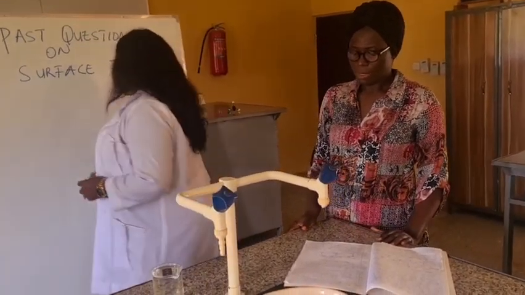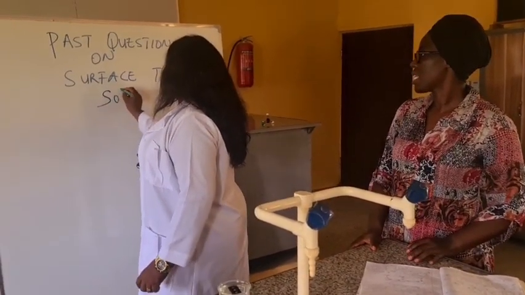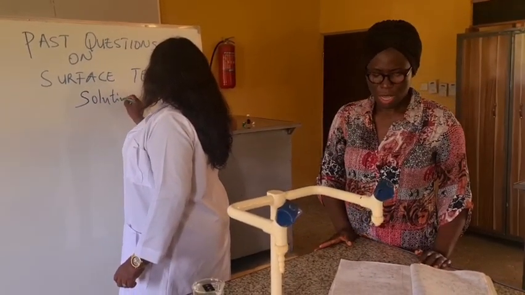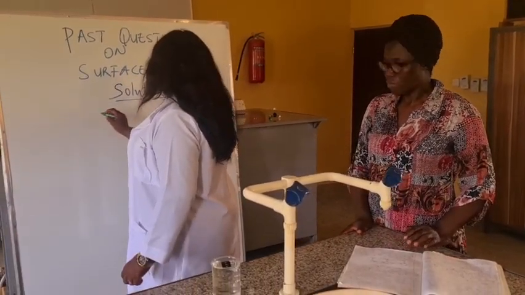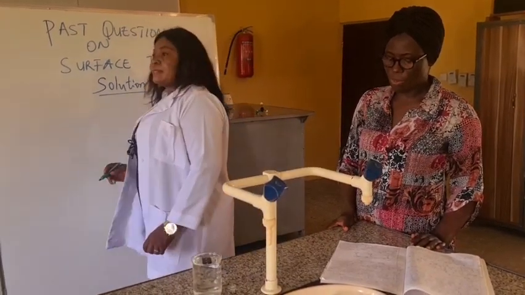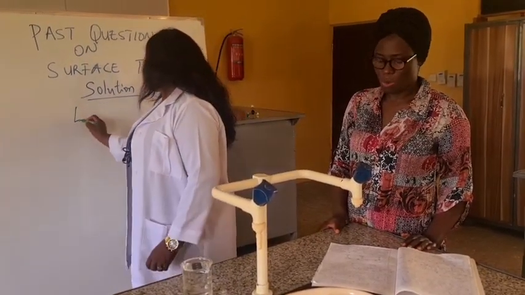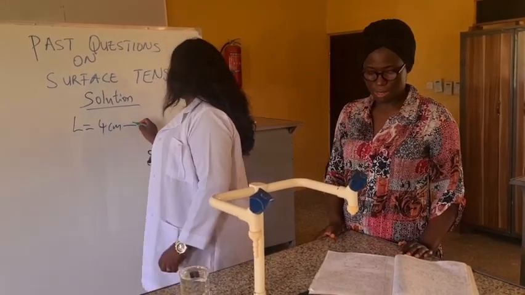Question 4. Calculate the force required to lift a needle 4 cm long off the surface of water if the surface tension of water is 7.3 times 10 raised to power minus 2 Newton per meter.